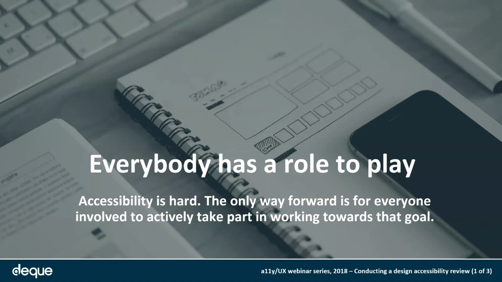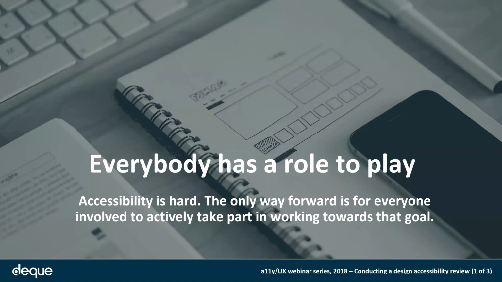And what we wanted to do as a follow-up to that was to look into how we can use those heuristics to help designers get more involved in the process for accessibility and help them get a very clear understanding of what they can do and how they can contribute to the success of a project and ultimately help make the experience for users that much more accessible in general.